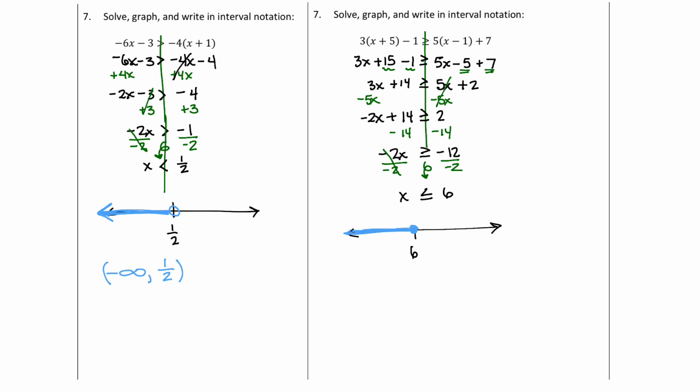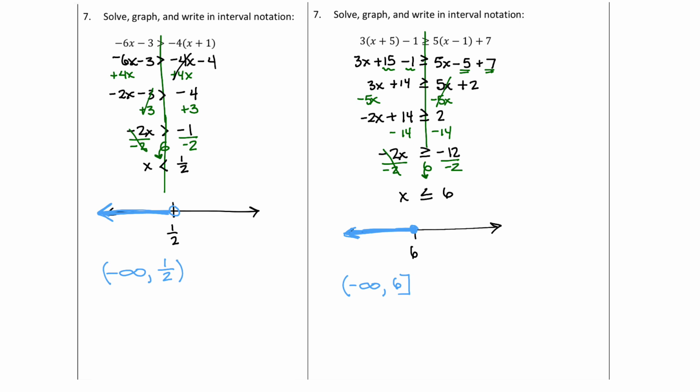So we're going to shade to the left. You can see then if we didn't flip the inequality sign, I'd be shading the opposite direction, which means my interval notation would also be off. Okay, so that's not a good mistake to make. All right, so it starts at negative infinity, so it's a parenthesis, and it goes to 6, and it's a closed circle, so we need brackets.